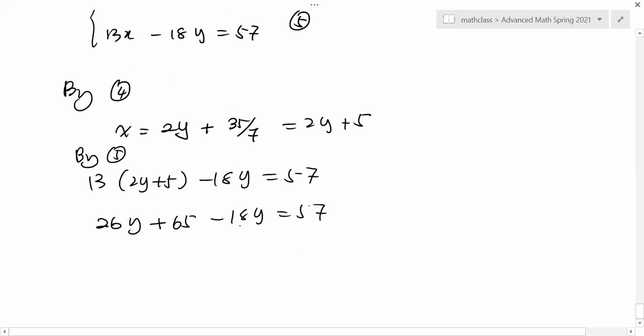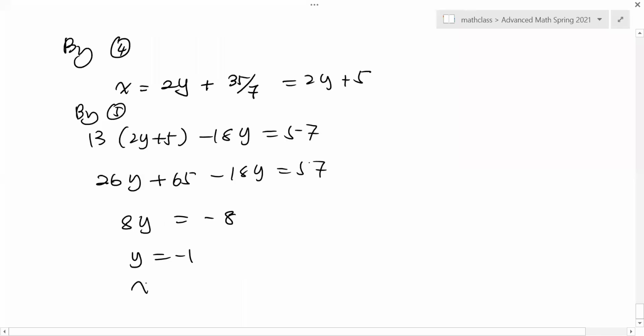So 26 minus 18 would be 8y, right? 8y, right? Then 57 minus 65, it's also -8, right? So y is -1, great. Y is -1, then x is going to be 2 times y plus 5, and that is 3. So x is 3.